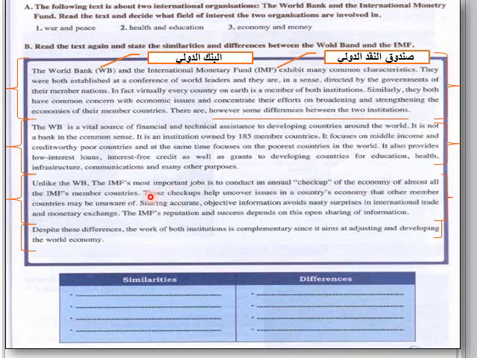Its most important role is to assess the financial and economic policies of countries, telling them what things need to be developed and improved, and where they have shortcomings. So its most important job is to conduct an annual check-up of the economy of almost all the IMF member countries.